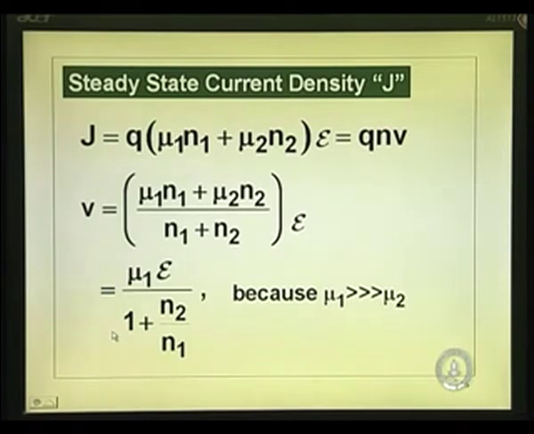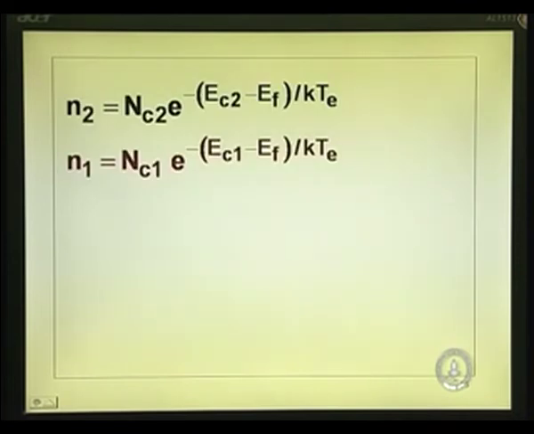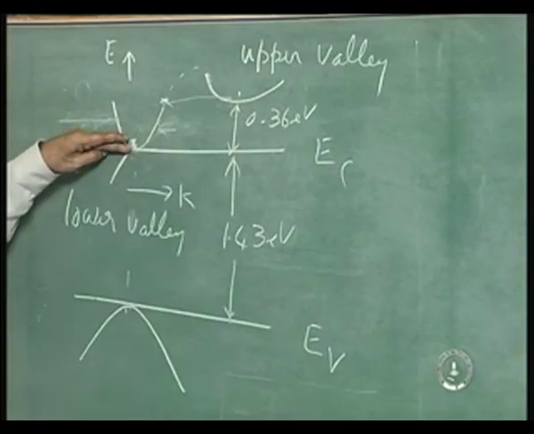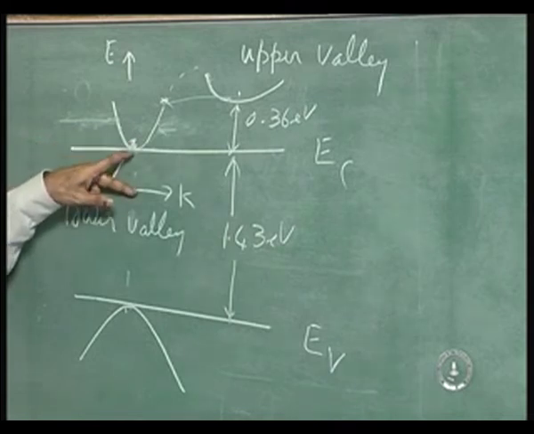Now, the velocity versus electric field I can find if I find the n2 by n1 ratio, that is, the electron concentration in the upper valley divided by the electron concentration in the lower valley. Electron concentration is related to the density of states at that edge. For example, the electron concentration at this conduction band edge is n1 equal to Nc into e to the power of (Ec minus Ef) by kT.